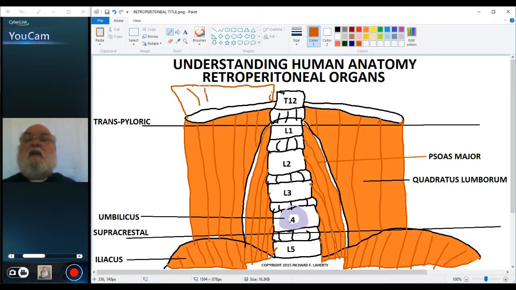And remember, it's a dome-shaped muscle, so its fibers run superiorly and medially to meet at the central tendon of the diaphragm.